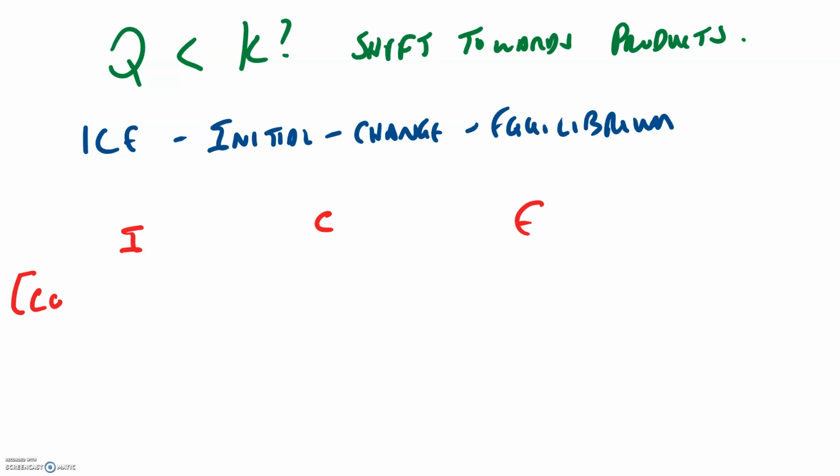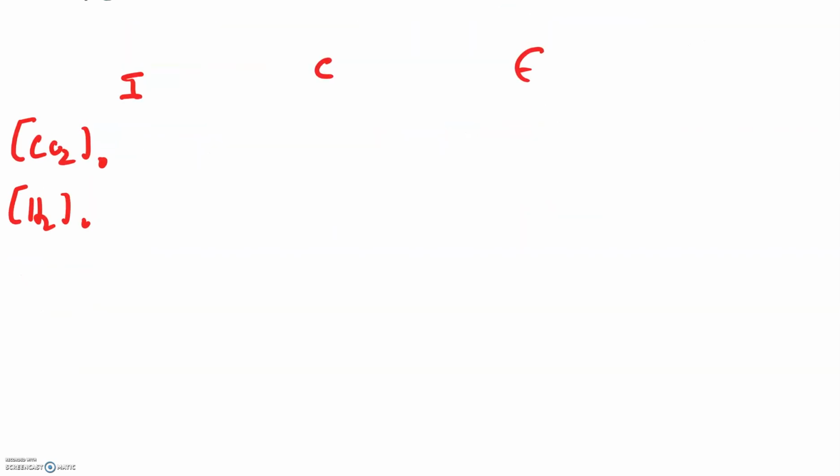So here is CO2, here is H2, here is carbon monoxide, and here is H2O. And everything that we started off with was 1. So that makes it pretty straightforward.